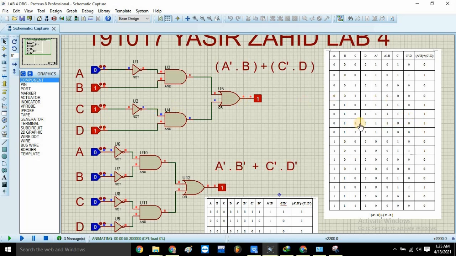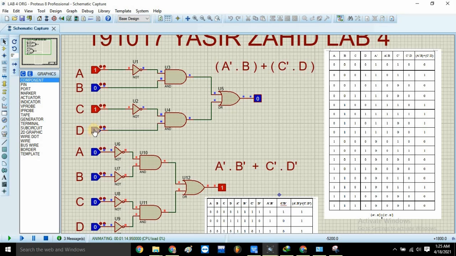Then after that, from 1000, at 1000 we have 0, and the next ones are 0, and then we have 1, and after that we'll have 3 zeros here.